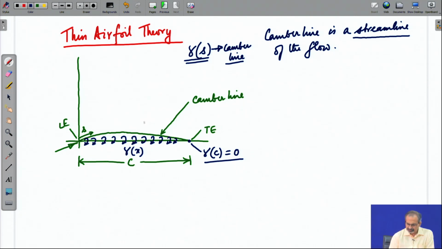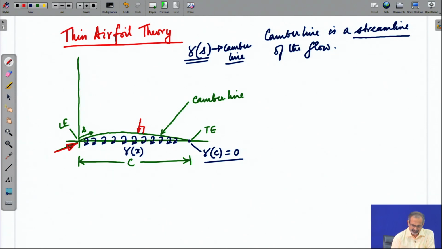So, let us say if we identify the velocity component normal to the camber line, then that velocity component in a net sense should be 0. One part of it will be coming from what is induced by the vortex sheet, the other part of it will be coming from the free stream.